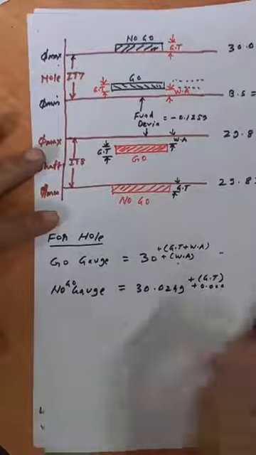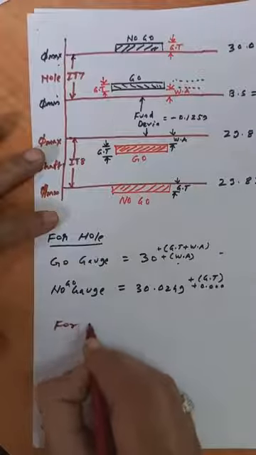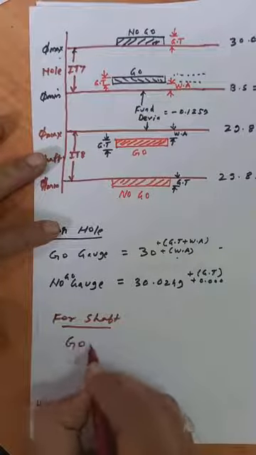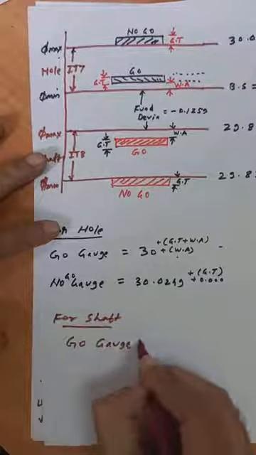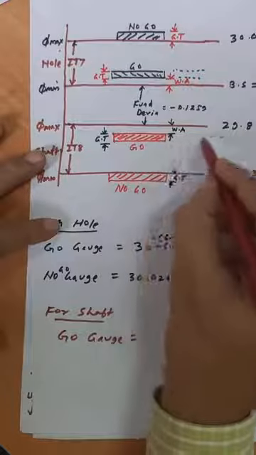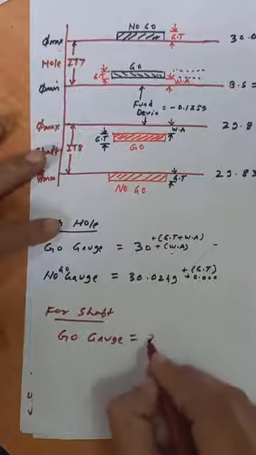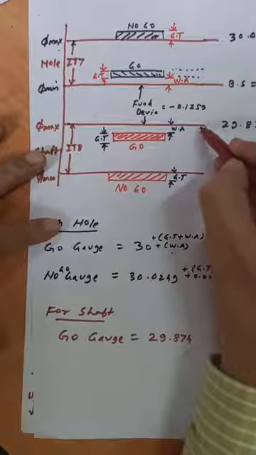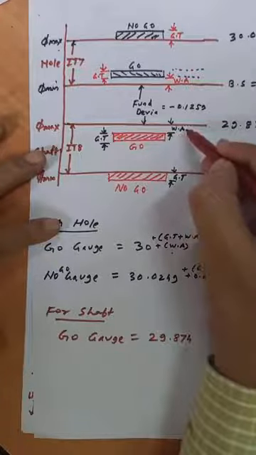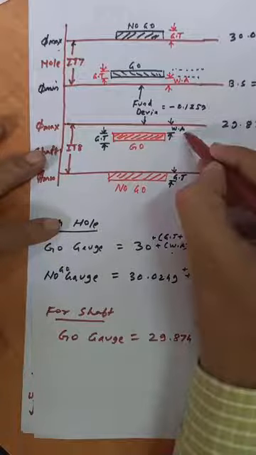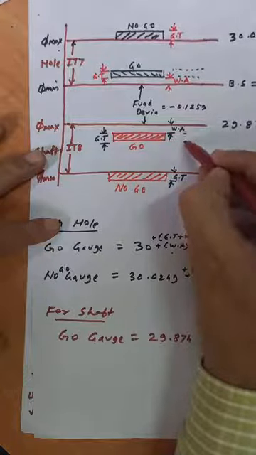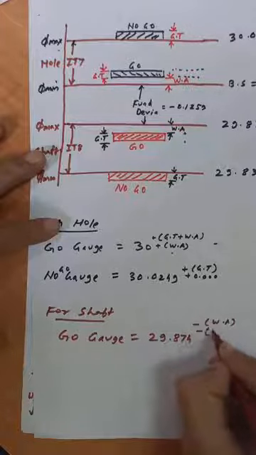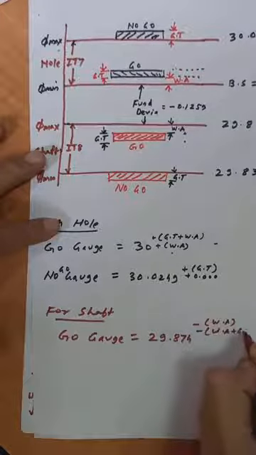Similarly for the shaft, the value for the go gauge is 29.874, and so two values you can get. This is the minimum value and this is the maximum value, with minus wear allowance plus gauge tolerance.